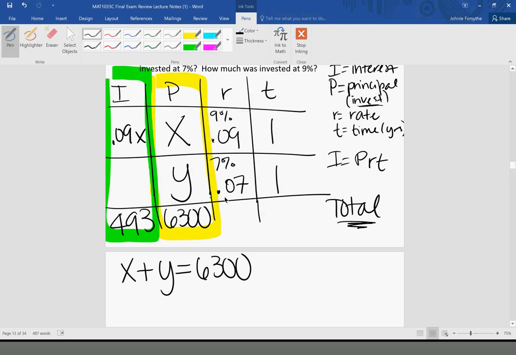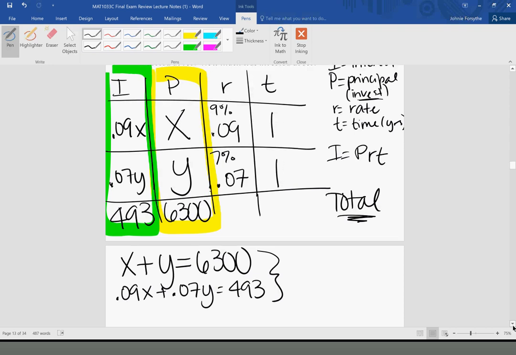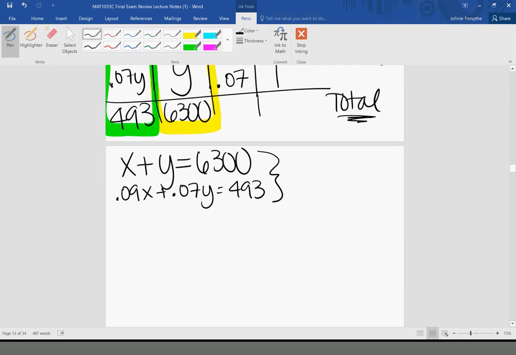And then y times 0.07 is going to be 0.07y. So that's my other equation. 0.09x plus 0.07y equals 493. So now here is my system of equations, and now I'm going to solve it to find the solution to this problem.